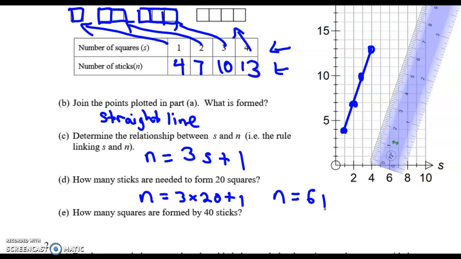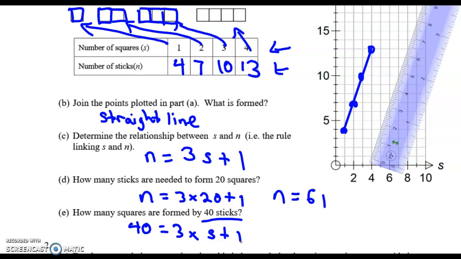How many squares are formed by 40 sticks? If we had 40 sticks, we'd now have to find how many squares. And so 40 would be equal to 3 times s plus 1.